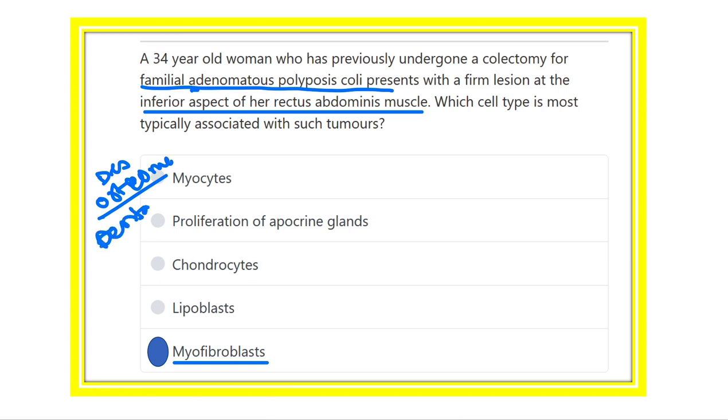These are the three mesodermal problems, but only desmoid is true. For the other options, osteoma means bones are not present here, and dental means teeth are also not present here. So our only answer is the desmoid tumor, and it is derived from the myofibroblast. Thank you all.